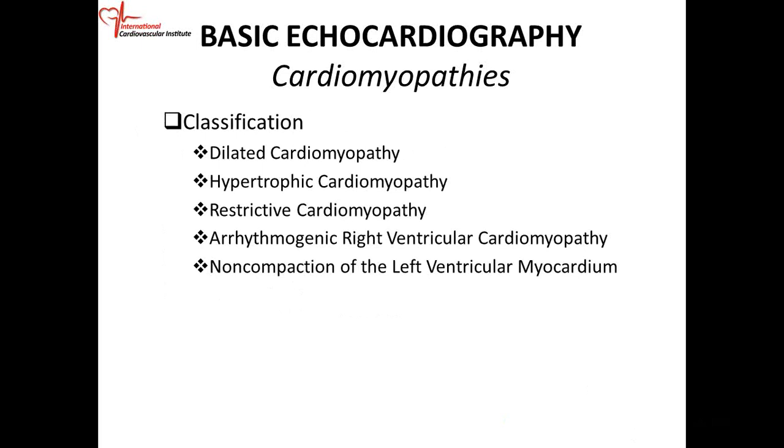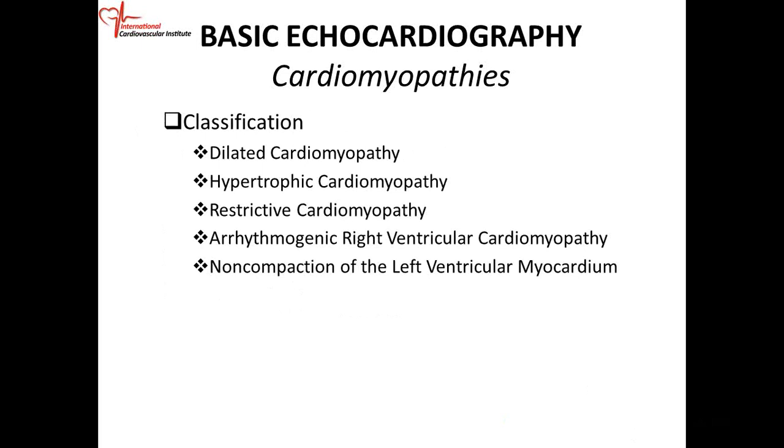Then arrhythmogenic right ventricular cardiomyopathy, a very interesting type of cardiomyopathy, usually involving just the right ventricle, where the right ventricle is infiltrated by fibrofatty tissue, and as a result the normal myocardial function is reduced, and those patients usually present with arrhythmia as well.